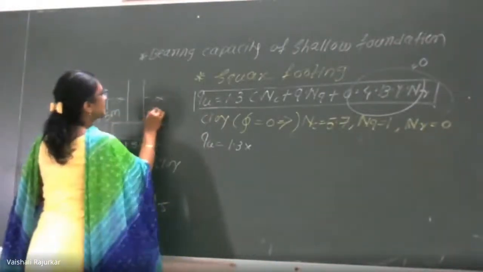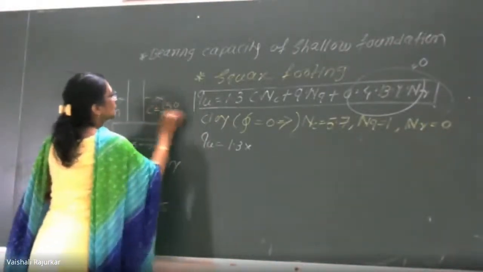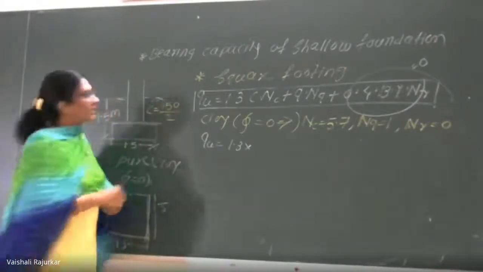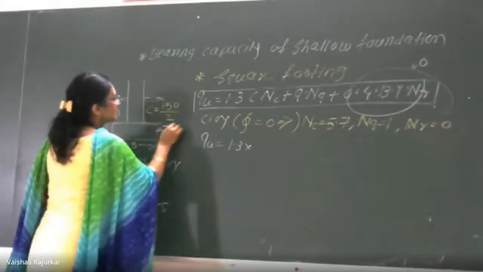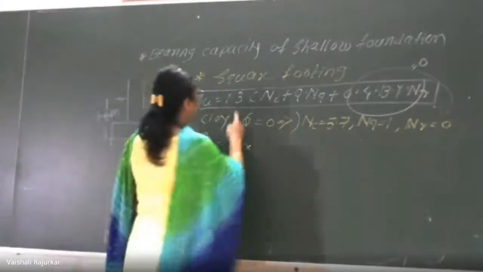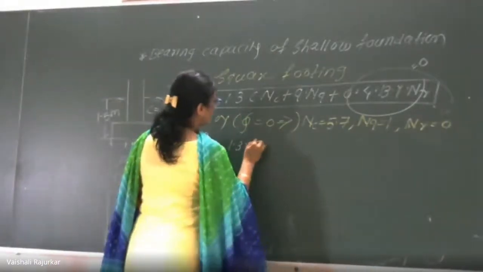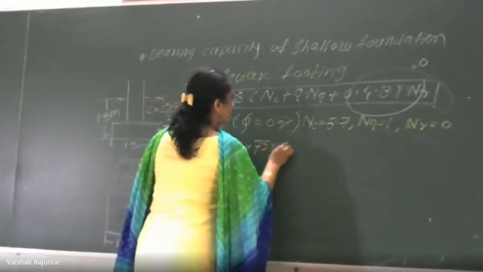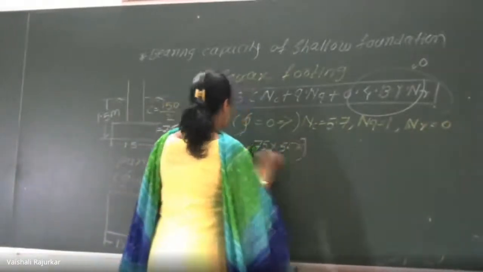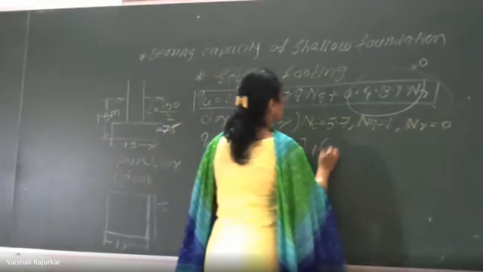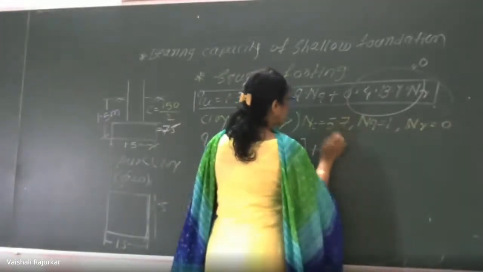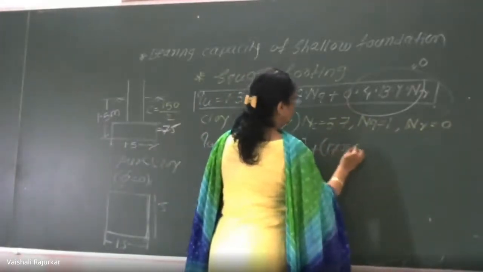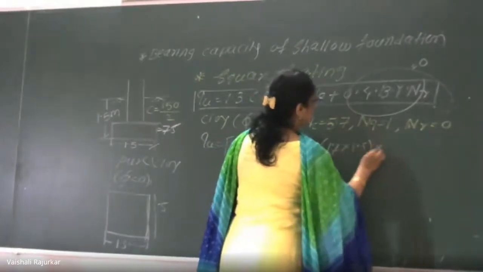So c is 150 by 2, if unconfined compressive strength is given, so it will be 75. So here, 1.3 into 75 into 5.7 plus gamma, given as 17, into Df, 1.5, into 1.